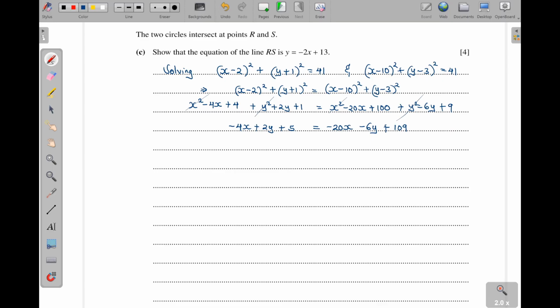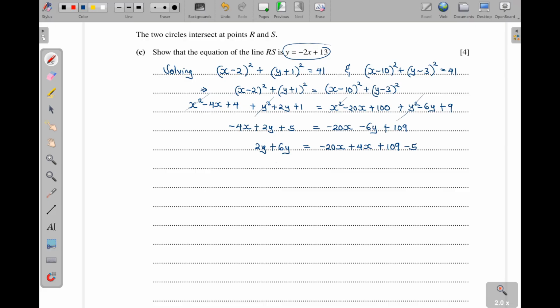We are supposed to make y the subject of the formula, so bring the y terms to one side and everything else to the other side. So we have 2y + 6y equal to −20x + 4x when it crosses, and then 109 − 5.